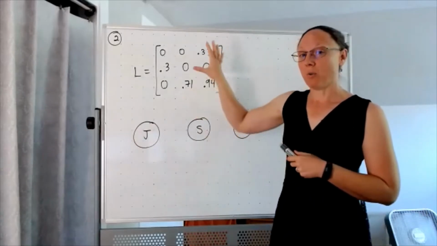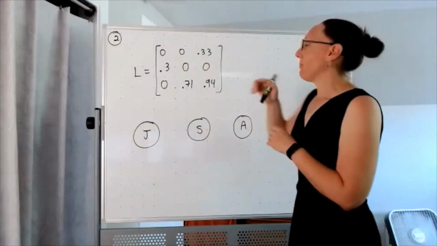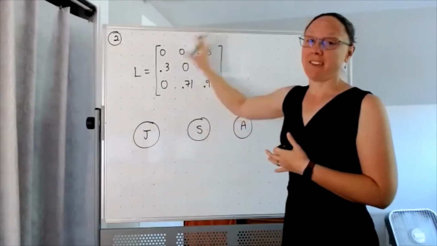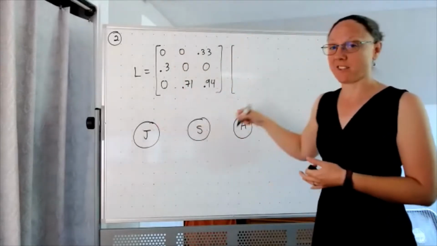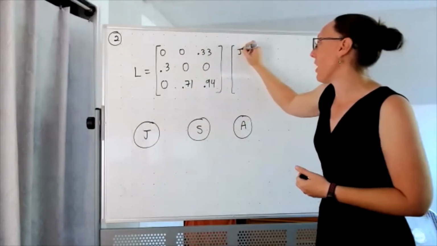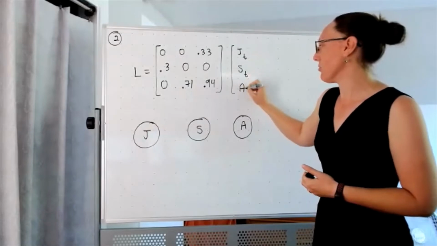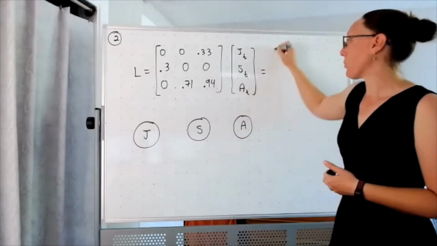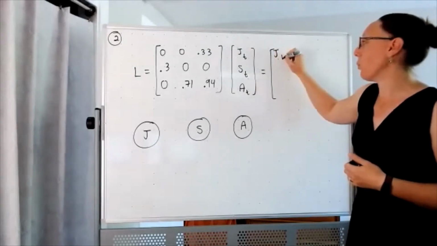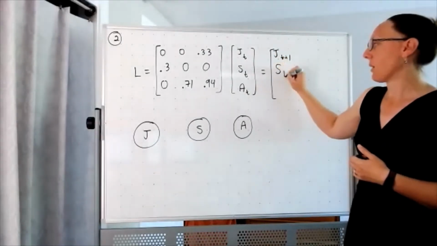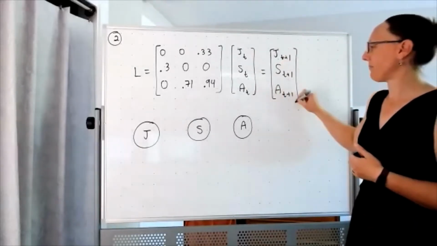I know that we're going to take this matrix, multiply it by some population in this order, some distribution of juveniles, subadults, and adults. And the result will be the population distribution of juveniles 1 time step later, subadults 1 time step later, and adults 1 time step later.